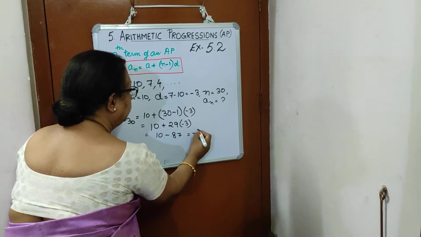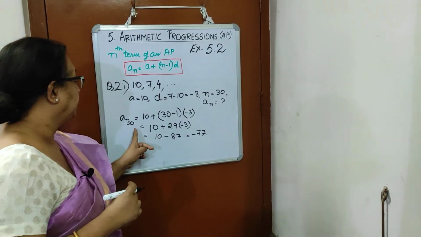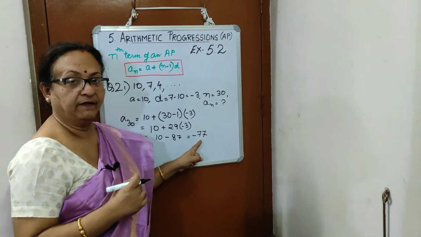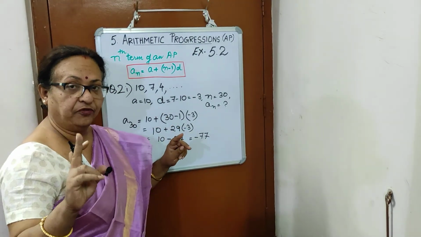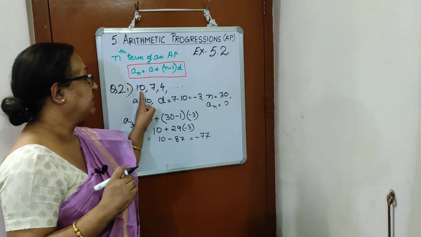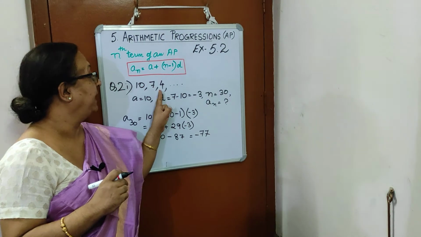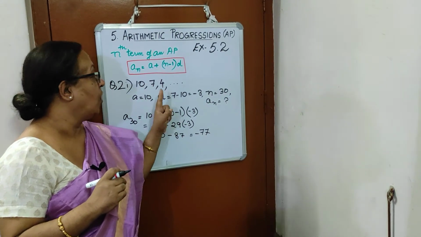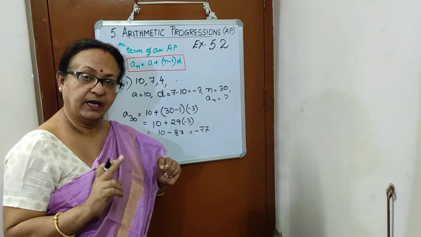That is, you get the 30th term as minus 77. So, understood children? Again, be careful. D is 7 minus 10. Again I am repeating, not 10 minus 7, but 7 minus 10, or 4 minus 7 and so on. So, understood?